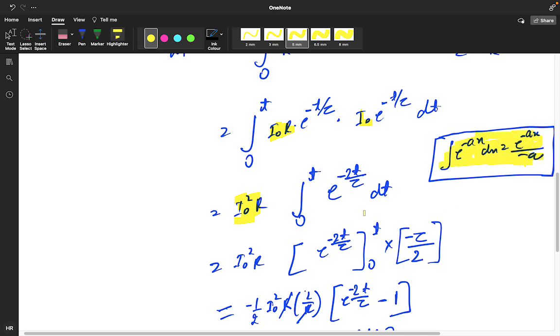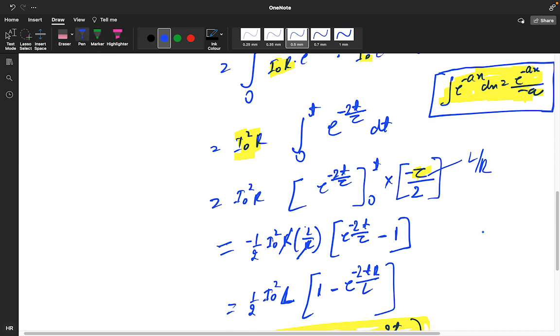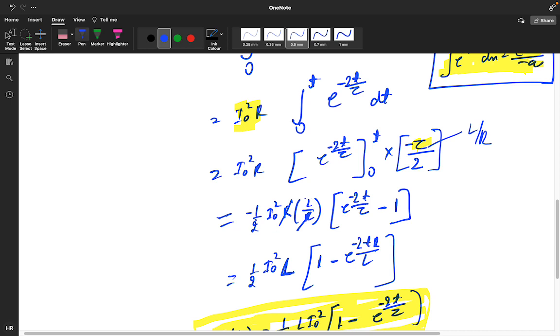After using this, I am getting the value like this, and this tau is L by R. After substituting this, I am getting minus half I naught square into R into L by R. So this R R gets cancelled out, and substituting all the t and 0 values, I get this.